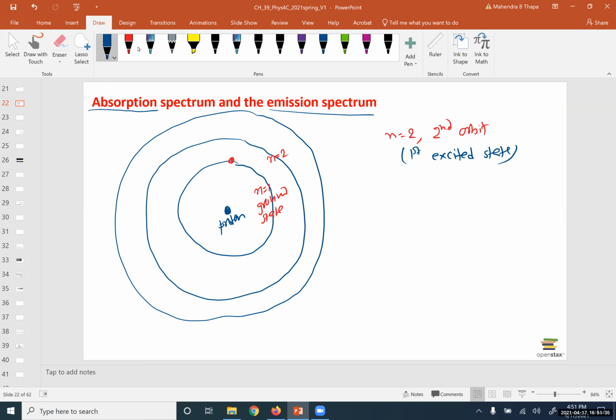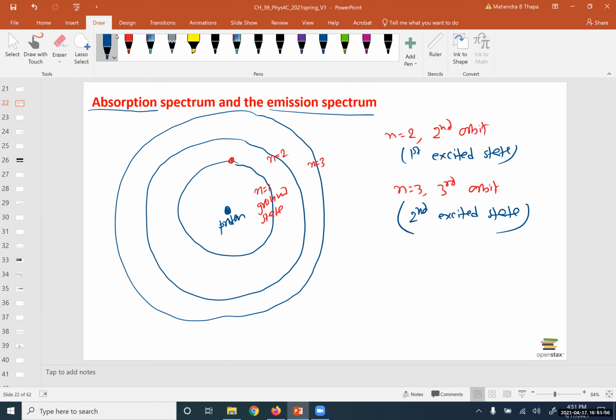And say the electron could be in the third orbit, n is equal to 3. It is called the third orbit, and it is the second excited state.